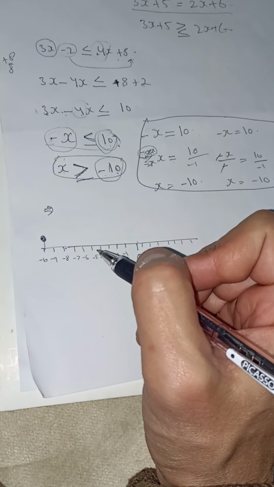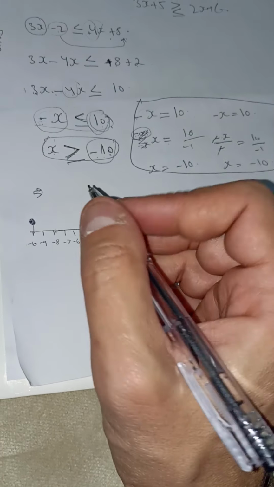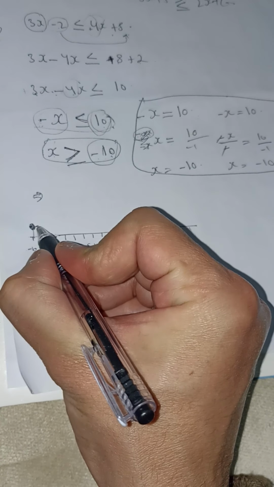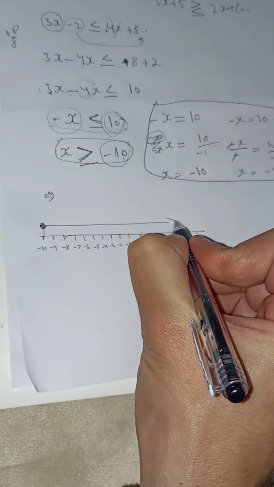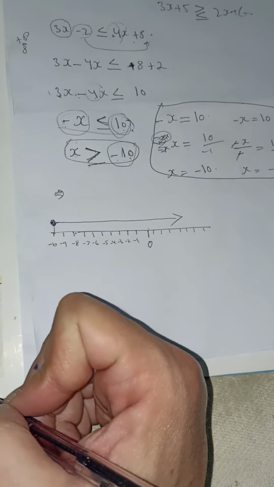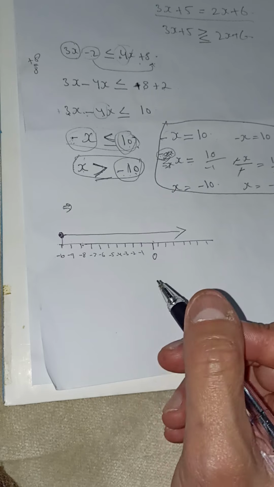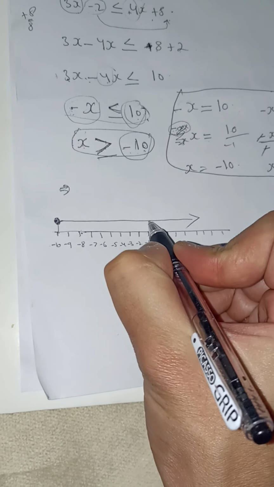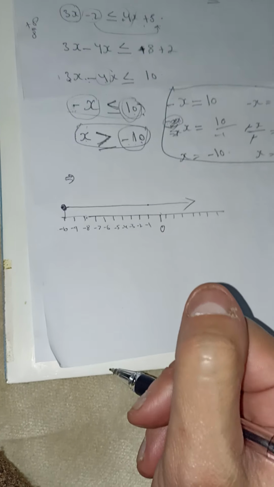So we can write it in an equation as an interval, and this is a one-sided inequality. It is not an interval. If it was an interval, there must be some limit over here, but it is going towards infinity.